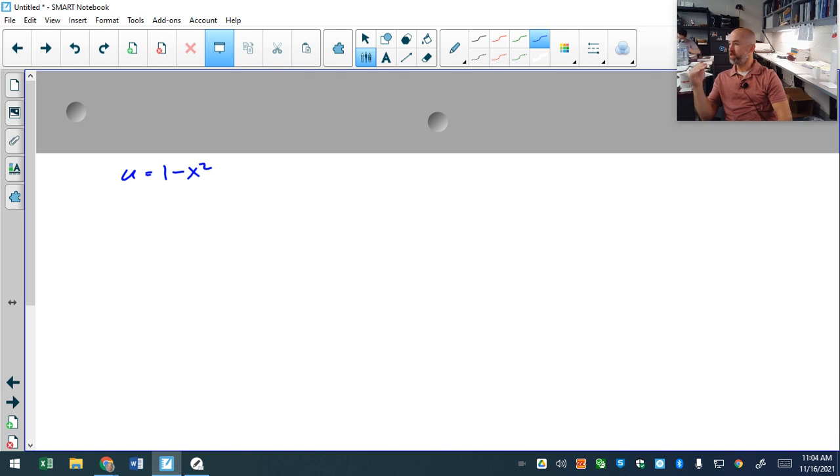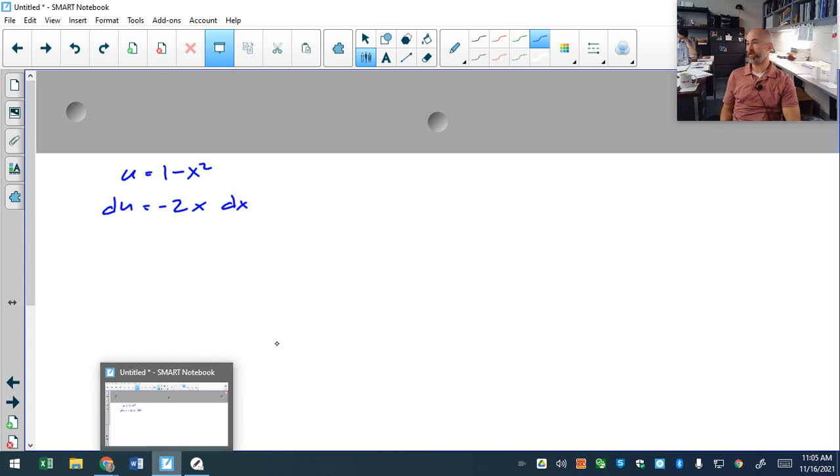When you find du, you are simply finding the derivative of whatever you chose for u. So we're going back to what we've been doing for months. What is the derivative of 1 minus x squared? It's negative 2x. All you're doing is the derivative of what you chose for u. Don't look at the problem and try to find du in the problem. We'll do that later. But your first step is simply to differentiate your choice for u.